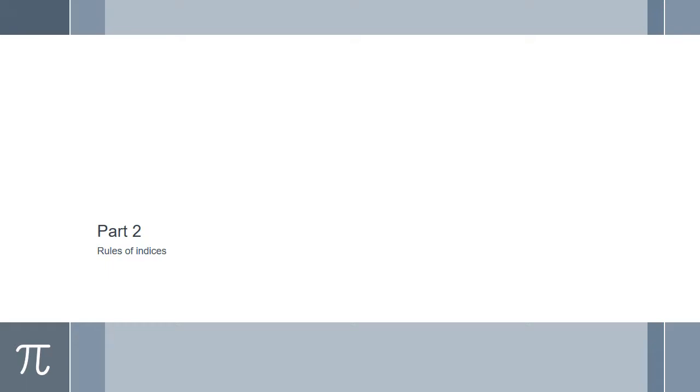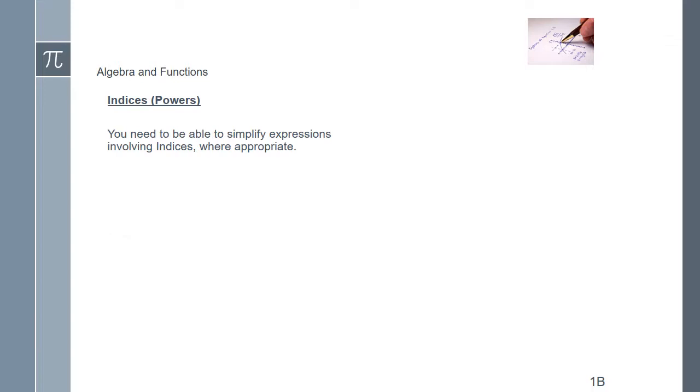Part 2. Rules of indices. You need to be able to simplify expressions involving indices. You will have seen these rules at GCSE, so they should be something that you're quite familiar with.